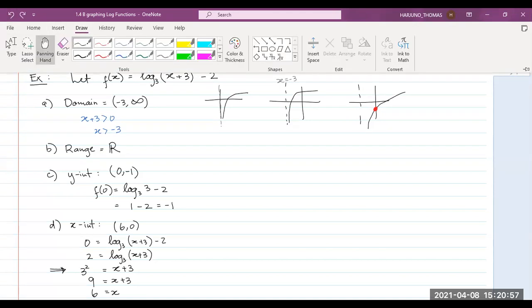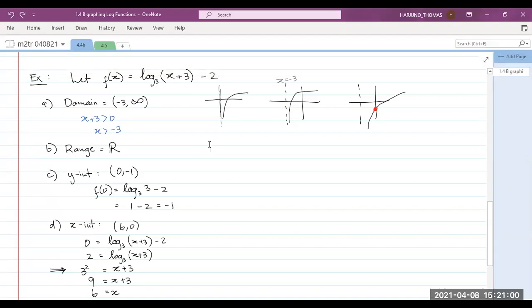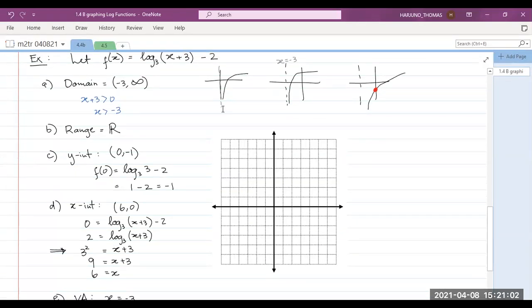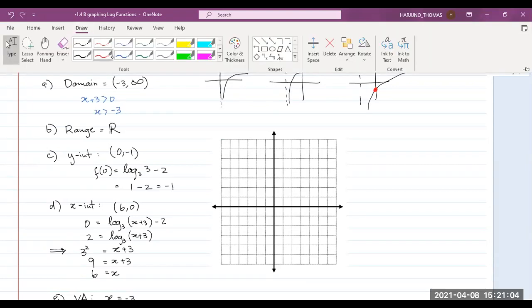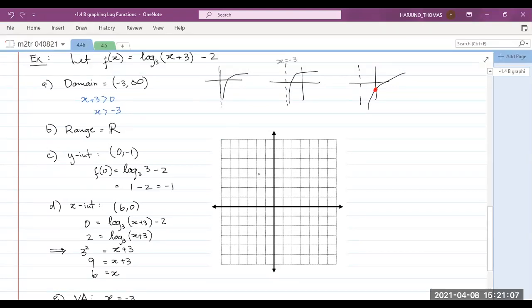Then let's start graphing this. The y-intercept (0, -1), x-intercept (6, 0), vertical asymptote x equals -3. But don't forget, you need to account for 3 important coordinates.